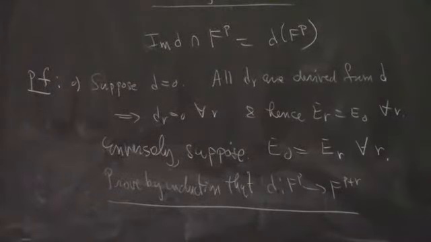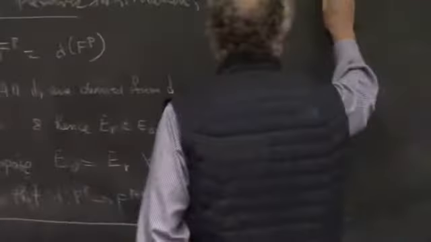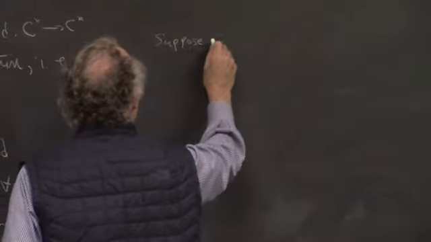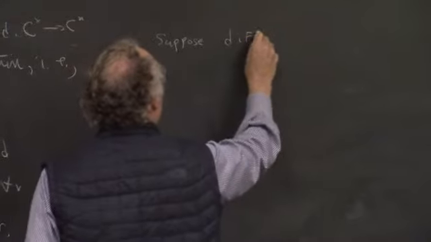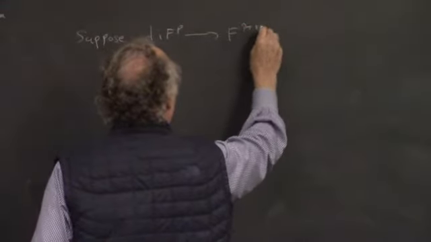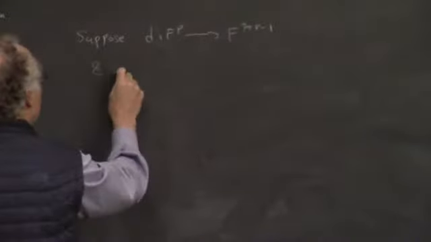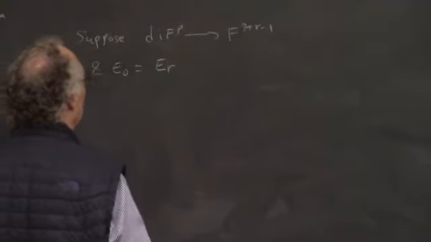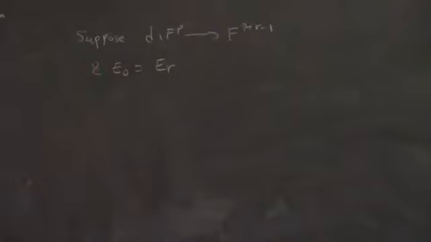Well, suppose by induction that D of FP is in FP plus R minus 1. And the spectral sequence degenerates up to this level, but no further necessarily.